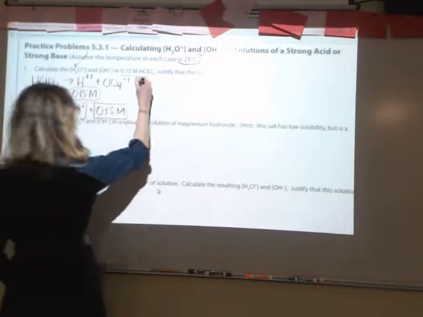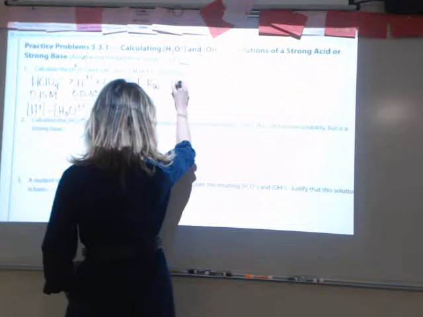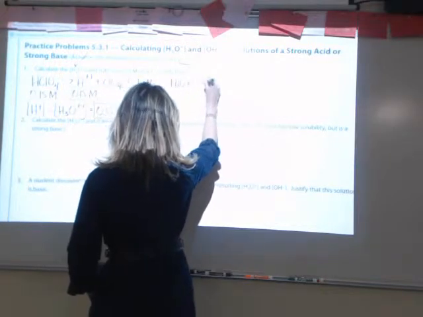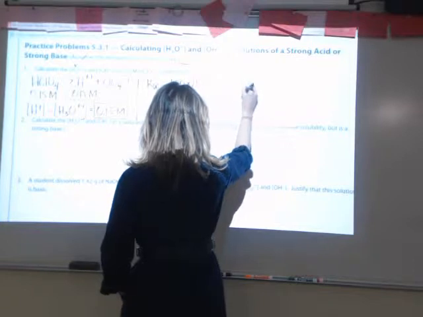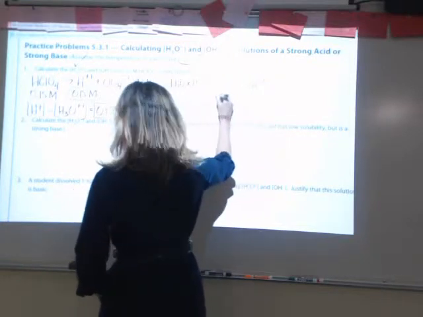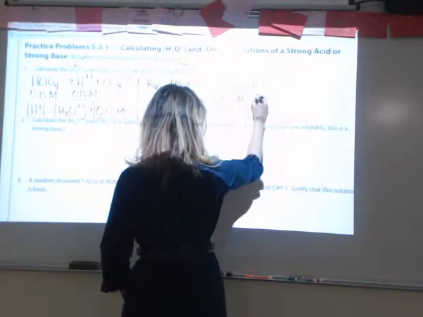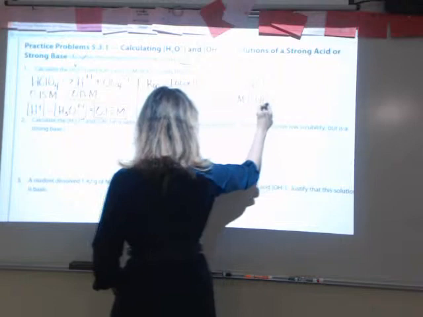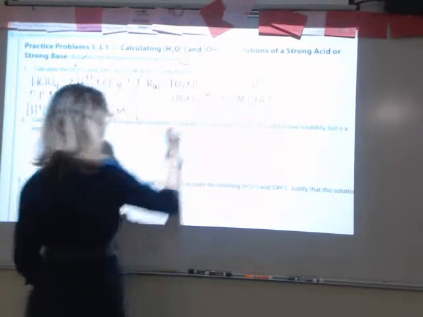Now I need the hydroxide. Well, if you're at 25, you know that Kw is 1 times 10 to the negative 14. And your hydronium ion concentration is 0.15, and I can calculate the hydroxide ion concentration using this Kw value.